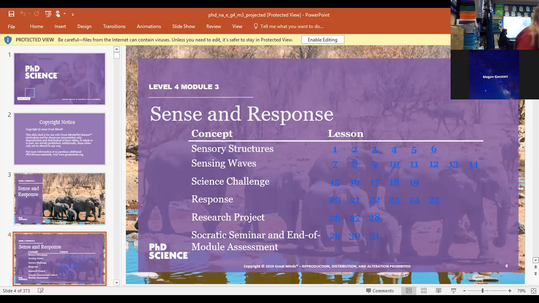Then sensing waves. That's what this is on the cover of your book. Those are waves. They look like scales, but those are actually sensing waves. They kind of look like a snake. Then response has to do with how animals respond to the things that they sense.